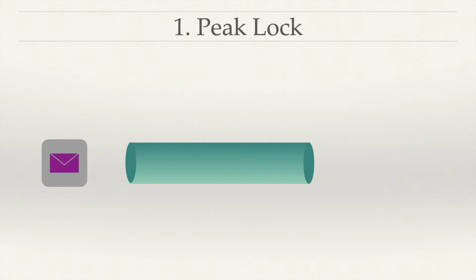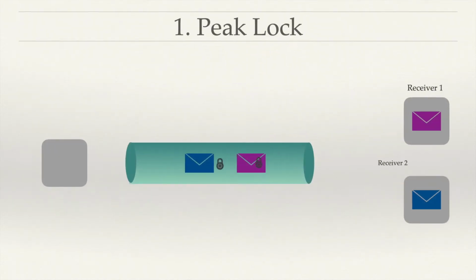Basically, when you receive the messages at the receiver end, you have got two options to receive the messages. One is the peek lock and the other one is the receive and delete. When you use the peek lock, you send the messages, the message goes to the queue, and then the receiver receives the messages, and once it is received, the message gets locked.